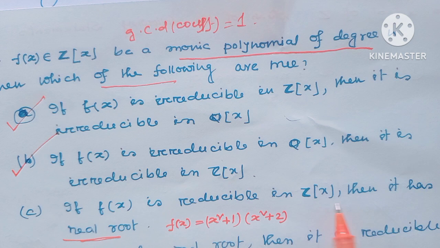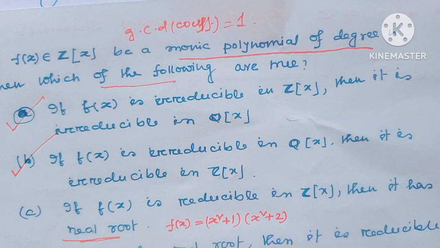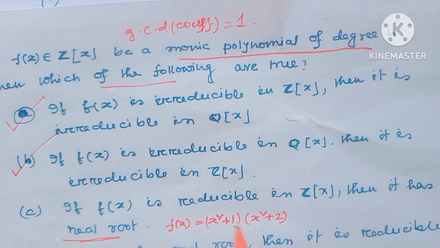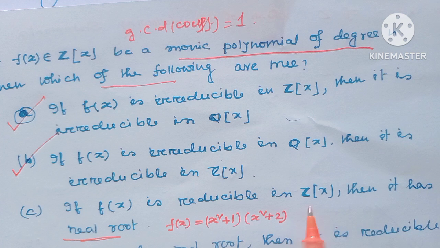This is reducible in Z[x] because the coefficients belong to Z, and also this f(x) can be reduced to polynomials where none of them is a unit.